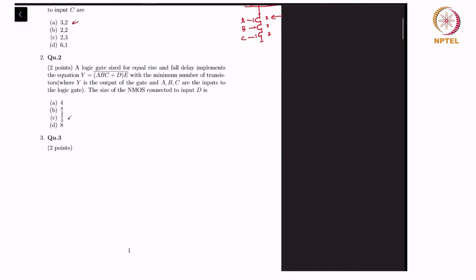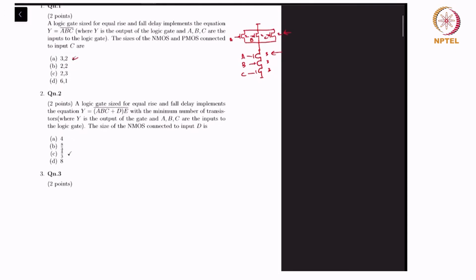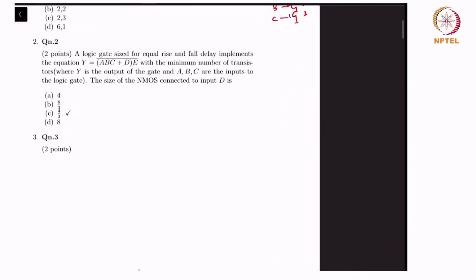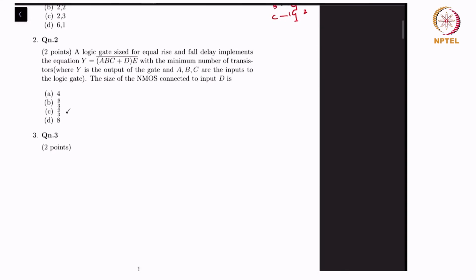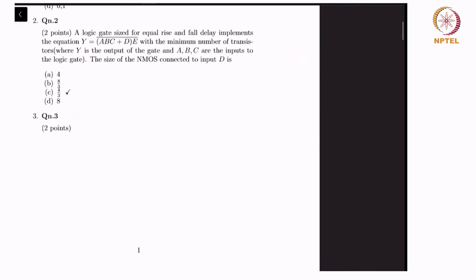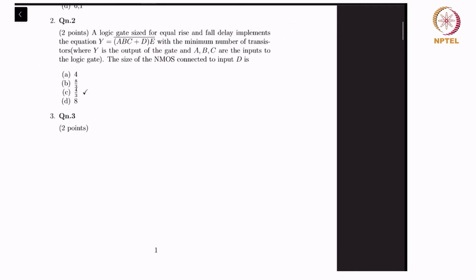Next, moving to question number 2. Similarly, again, we are given a logic equation and asked to find out how to implement this. So if you look at the size of the NMOS connected to input D, let's just look at the N stack of this.